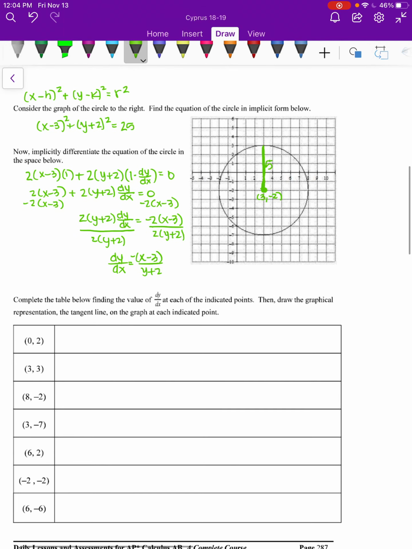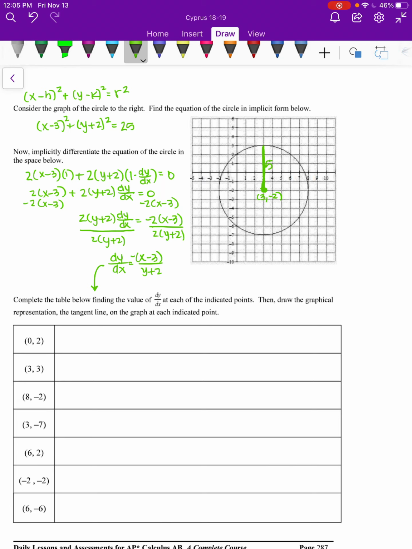Okay. So we're still going to be looking at this circle for a minute, and we're going to fill in this table. We're going to find the value of dy/dx at each of the points that are given, and we're going to draw those tangent lines on our graph on that circle. So we're going to be using this dy/dx to fill in that table below.